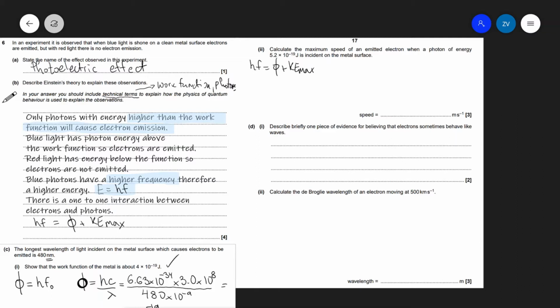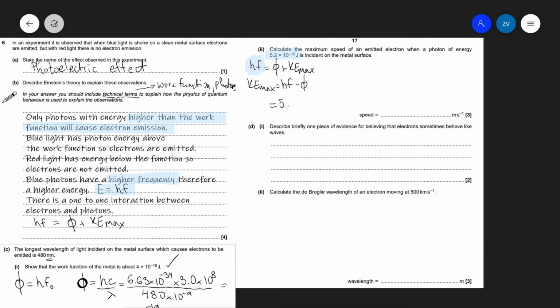Because we're looking for the speed of the electron, we're going to need to know its kinetic energy, and hf is already the energy which is given. So this whole quantity hf is the energy of a photon, which is 5.2 times 10 to the power minus 19 joules. So this means that K max will be equal to hf minus phi, and hf is the photon energy once again.